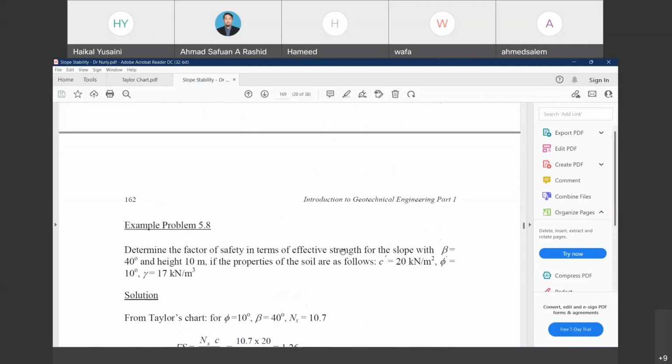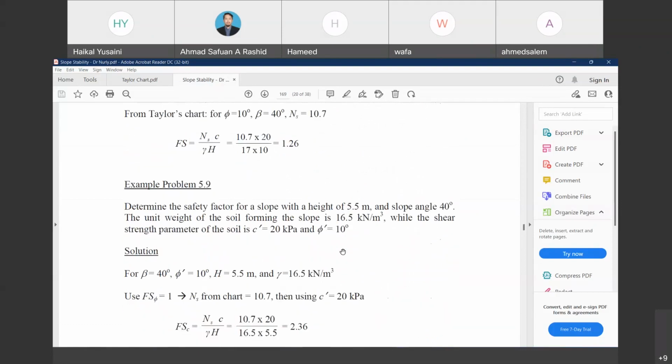The last is the factor of safety with the height of 5.5 and the angle of 40. The unit weight of the soil forming the slope is 16.5, while the shear strength parameters of the soil are C and phi equal to 10.